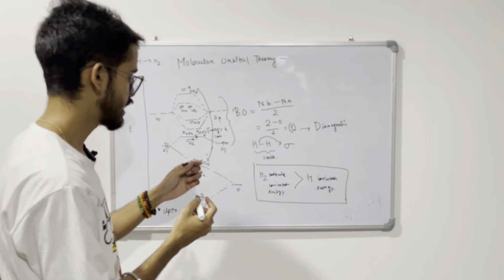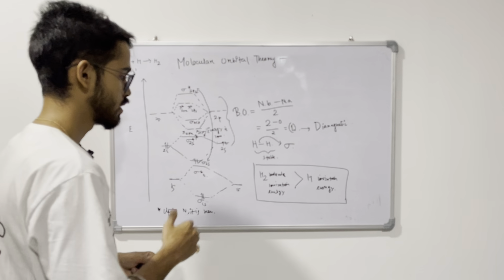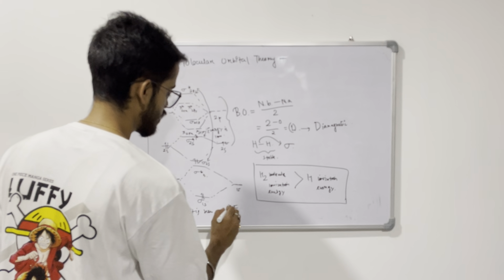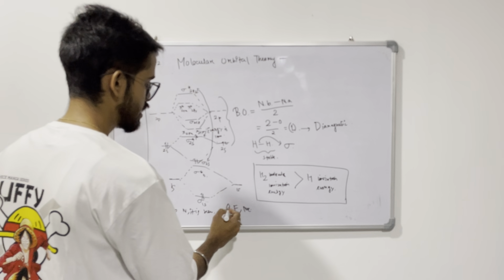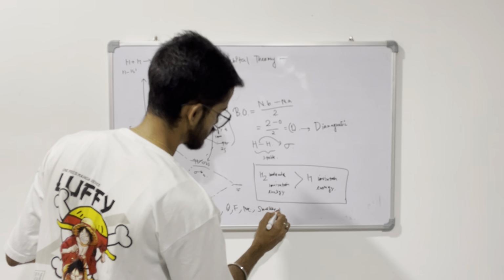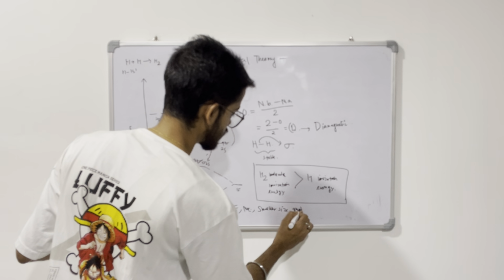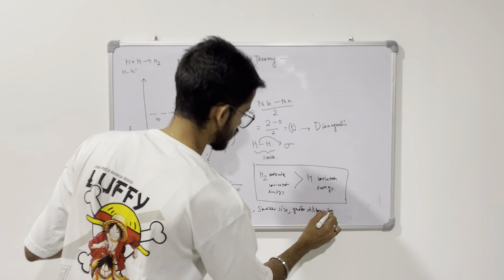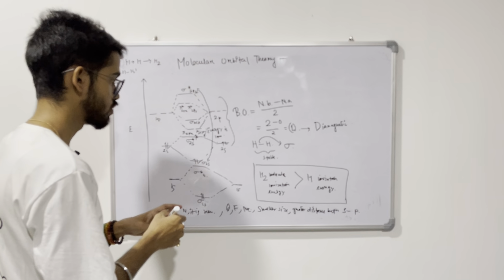Up to nitrogen, sigma 2pz is higher than pi 2px, pi 2py. But in case of oxygen, fluorine, neon, as their size is smaller, there is a greater distance between s and p, so sp mixing does not occur.